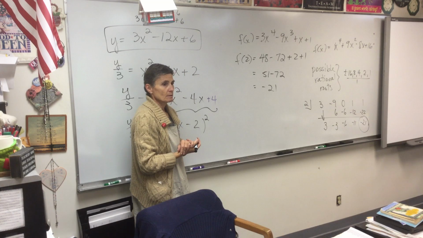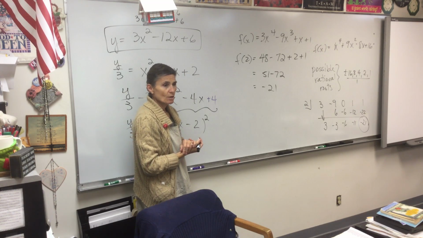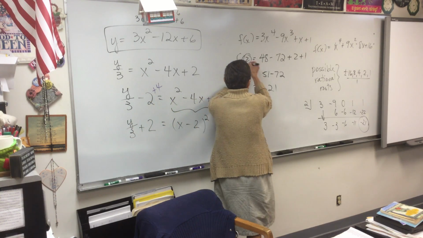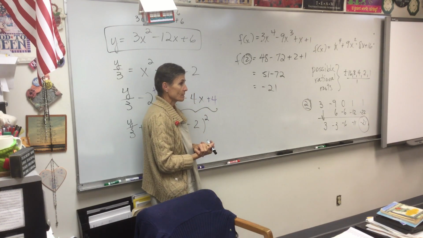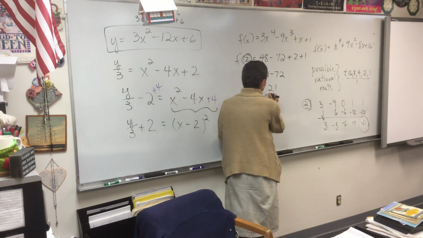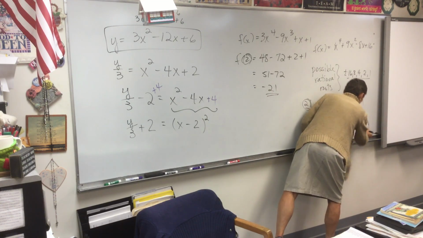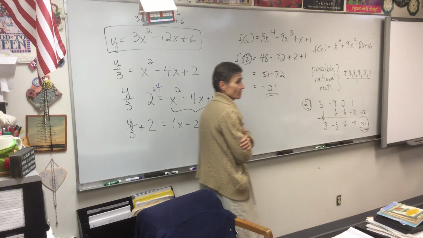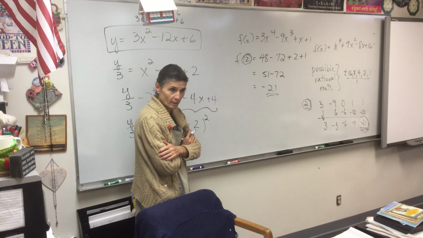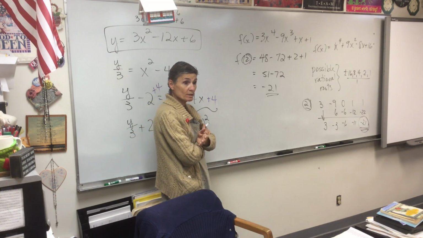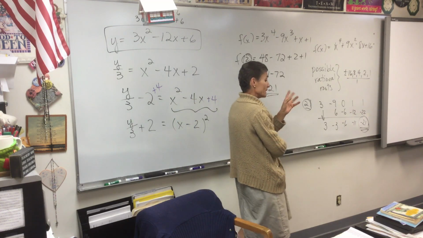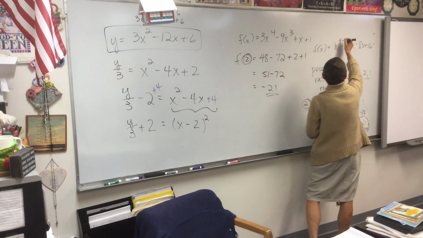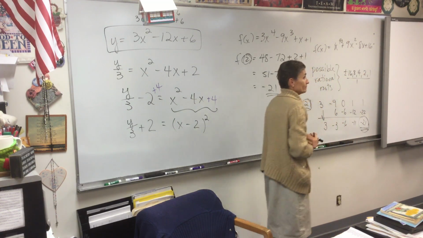In other words, when I plugged in the number I was dividing by, the answer I got is the remainder. So it's a shortcut if you don't want to do the synthetic division. Now, when it really comes in handy is when this power is something like a 40.